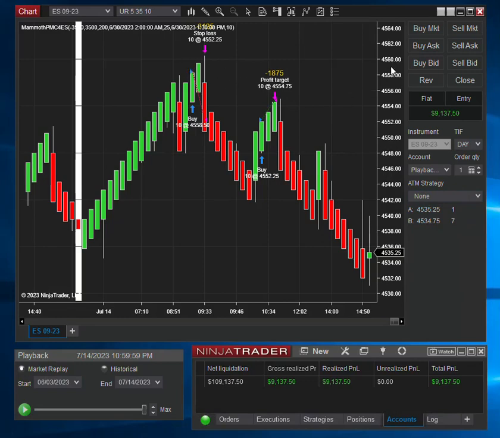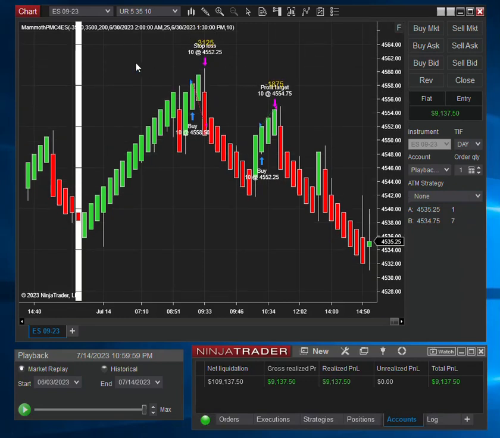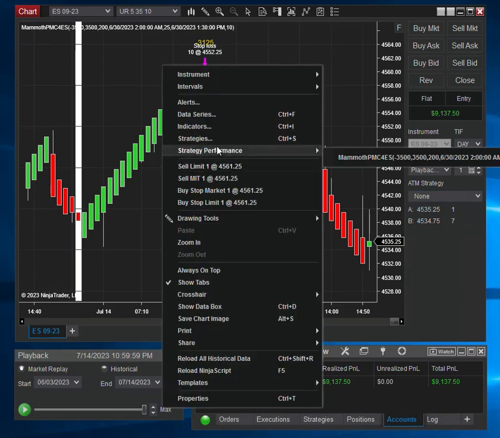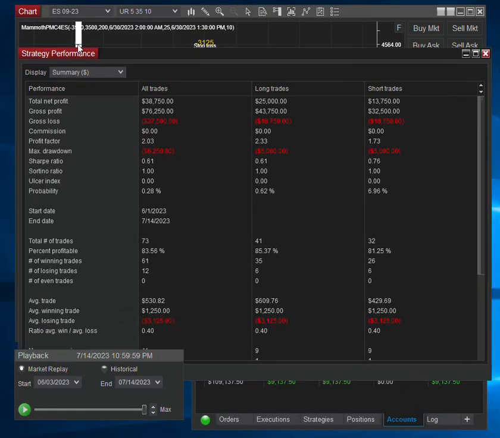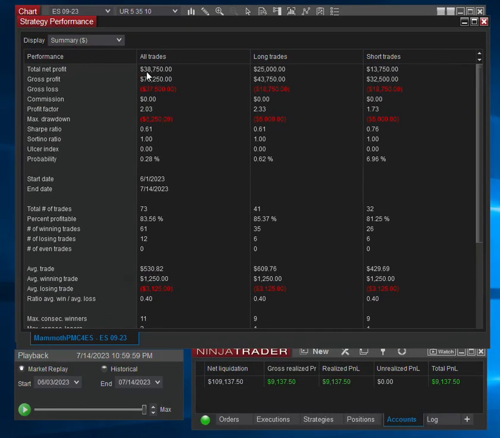Now look at one loss. On the first loss, you would be out by 3 grand. Let's look at that. The performance will be making $38,000 from June 1st to July 14th, and your max drawdown is 6 grand.